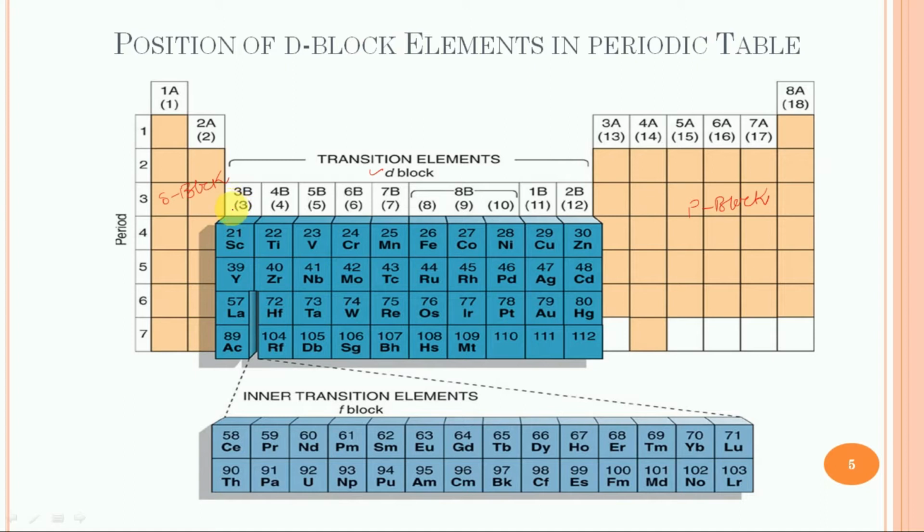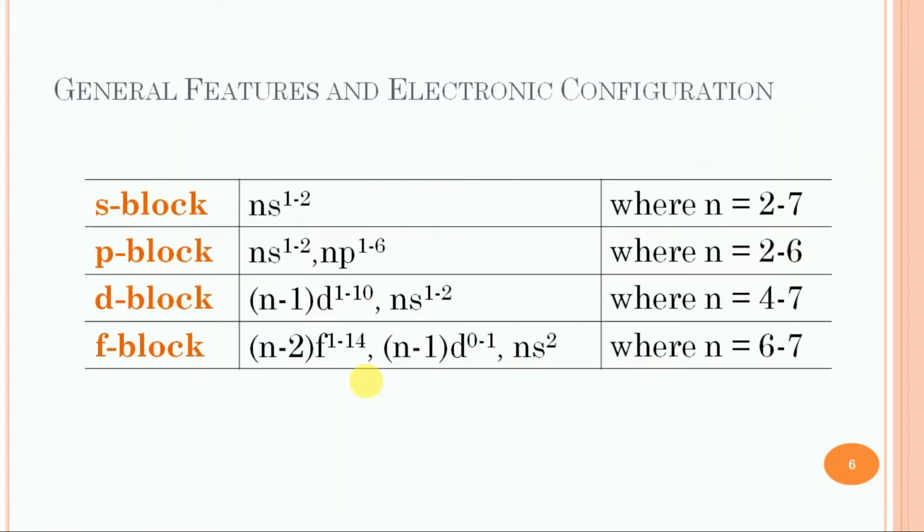It involves the filling of these 10 groups from group number 3 to group number 12, and involves these 4 transition series: first transition series, second transition series, third transition series, and fourth transition series. The d block element involves the filling of the (n-1) d orbitals and ns orbital, where n is the principal quantum number.